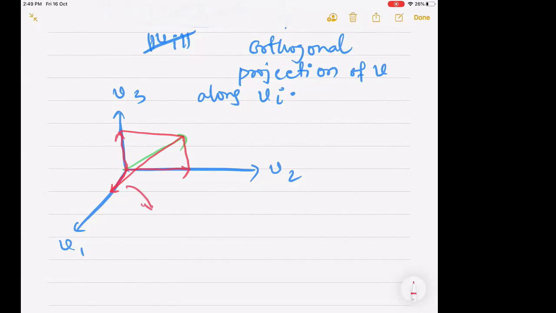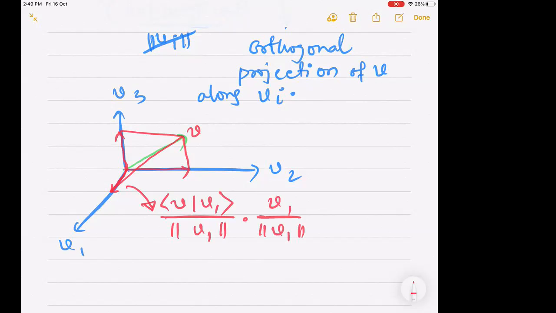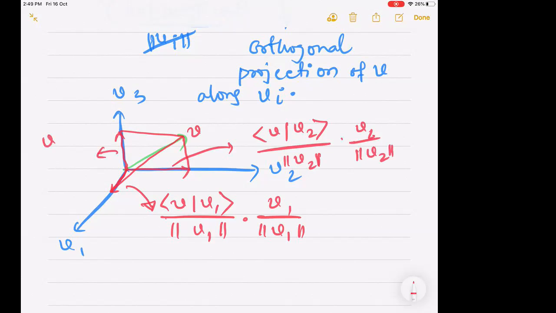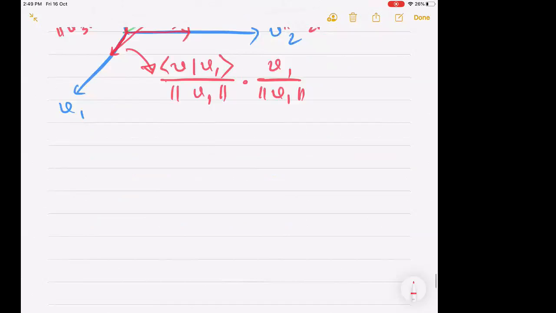This quantity, the inner product of V with V1 divided by norm V1 squared, times V1, gives this vector. Similarly this vector is along V2, and of course, this vector is along V3. We write it the standard way.